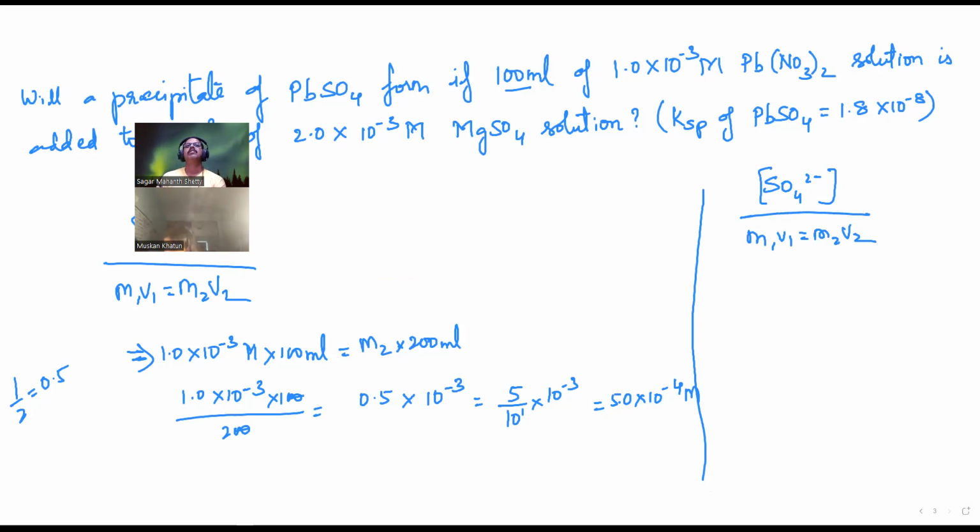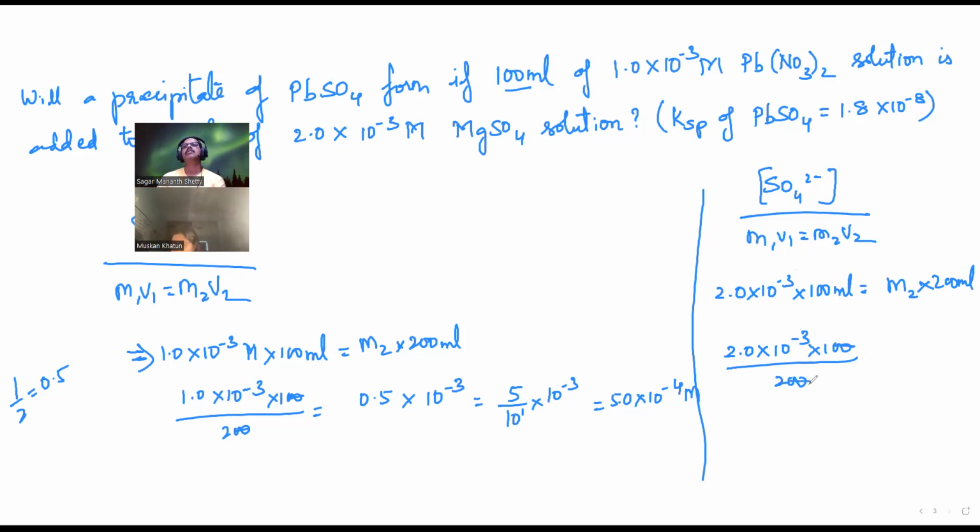For sulfate, what is the value that's been given? 2.0 times 10 to the power of negative 3 times 100 ml is equal to M2 times 200.